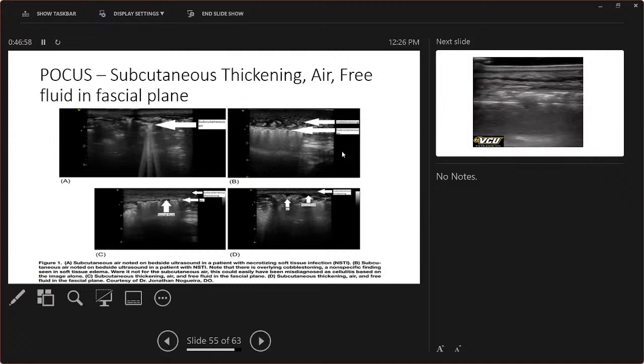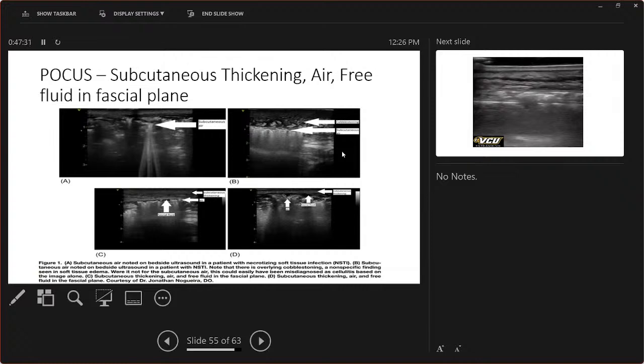Imagine a B line, as in air in the alveoli and water at the interface, due to pulmonary edema or pneumonia. Here too there is some amount of fluid, plus there is gas. That's why it is creating that interface.